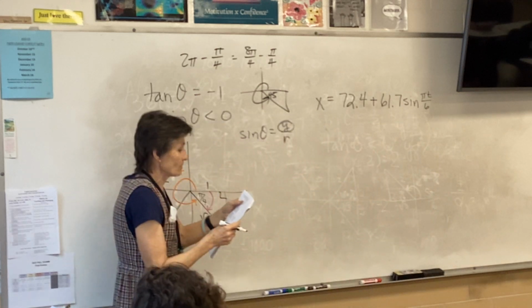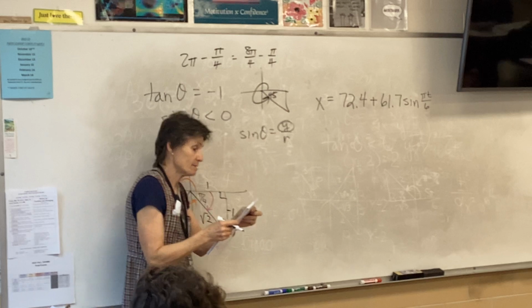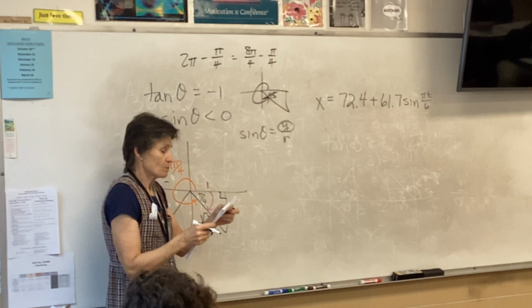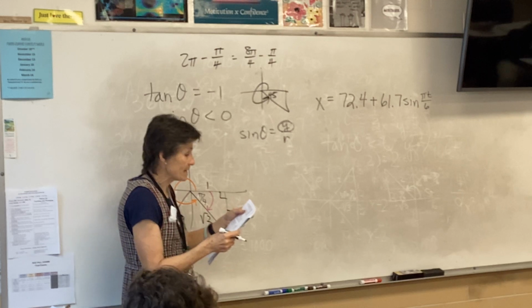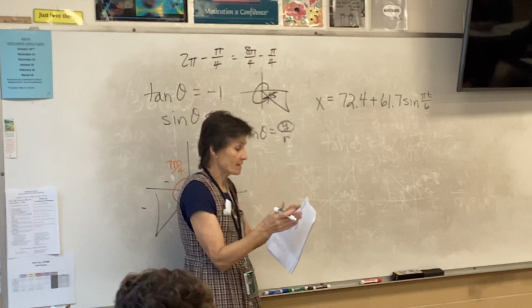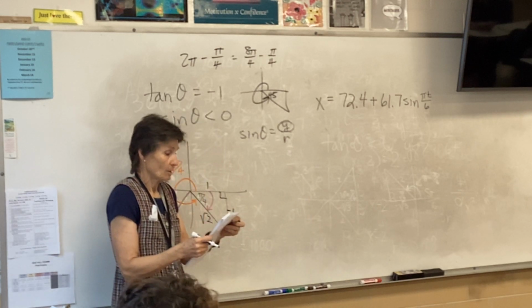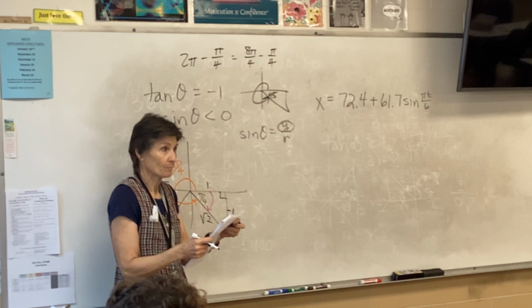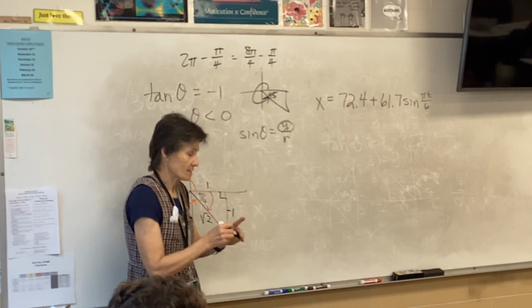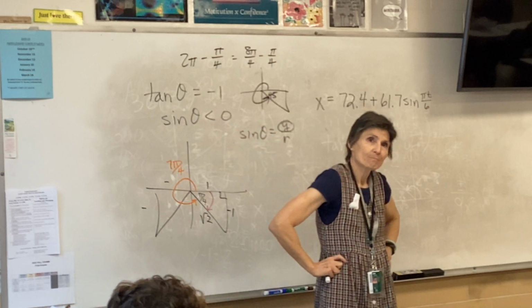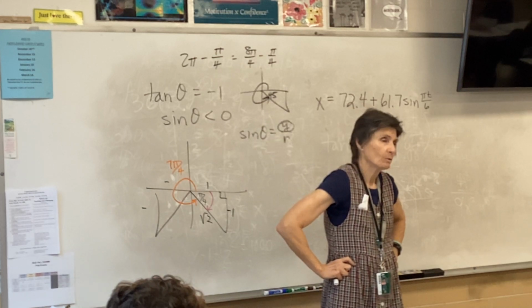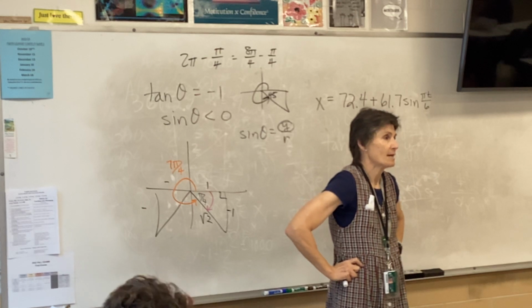The monthly sales X in thousands for Get Wet swimsuits are modeled by this equation, where T represents the number of the month. Are you reading that the way I am? Okay, before we do this, I want you to think about this problem. And it could totally be made up, but it makes sense.